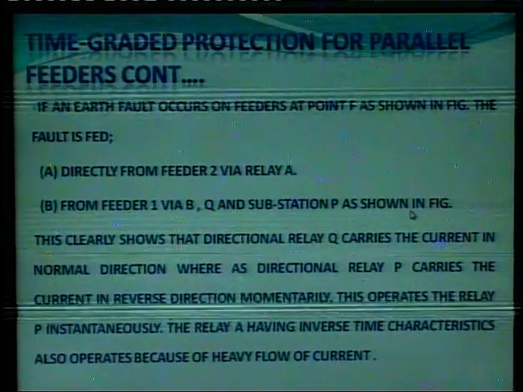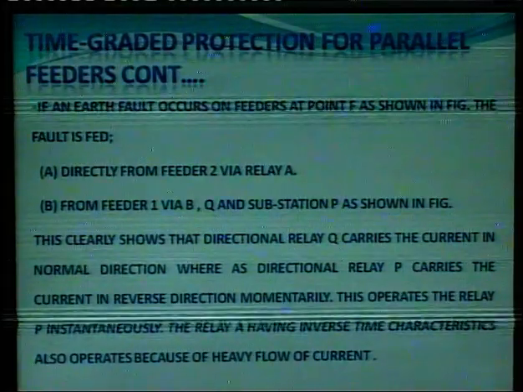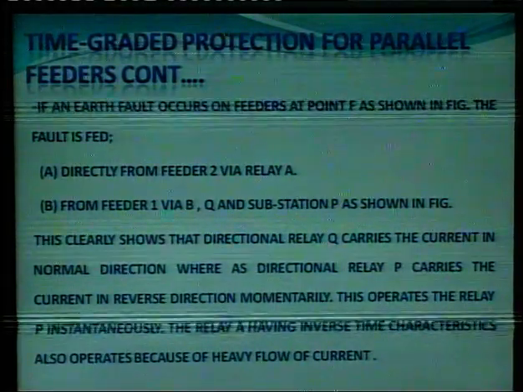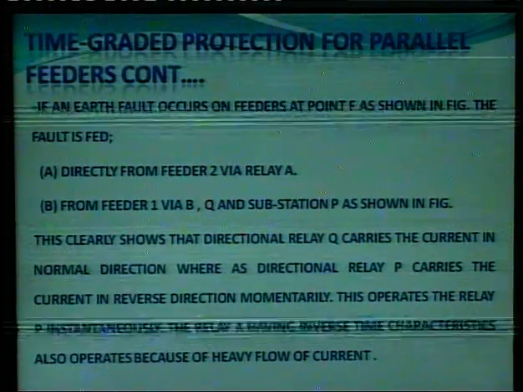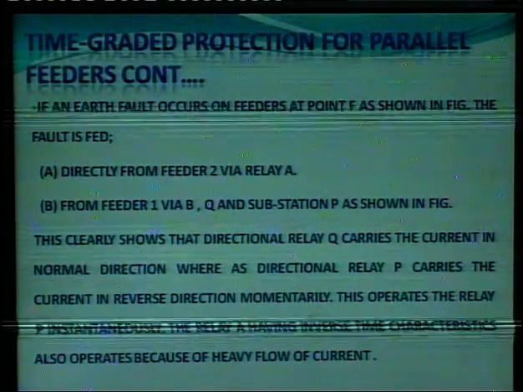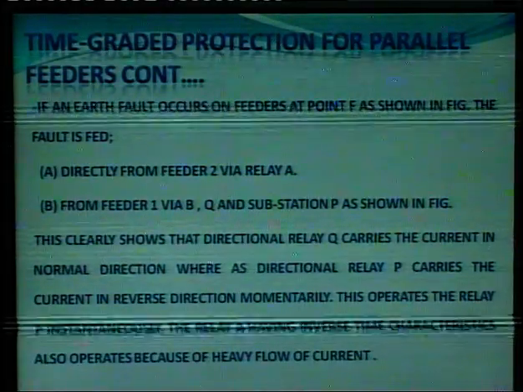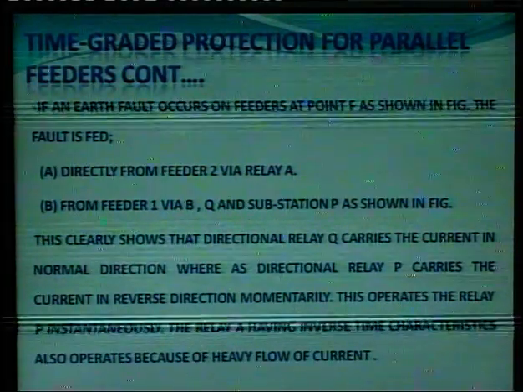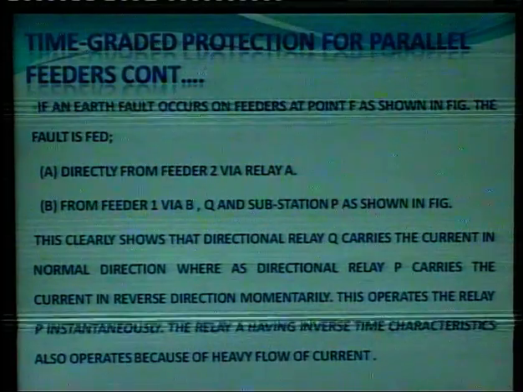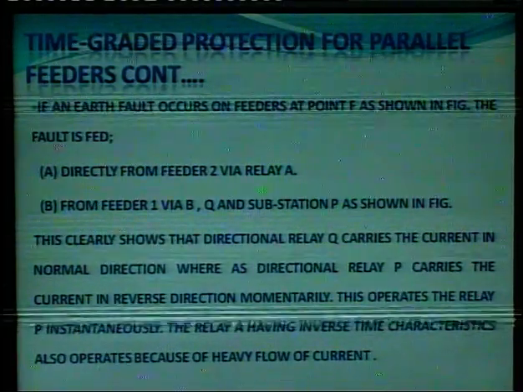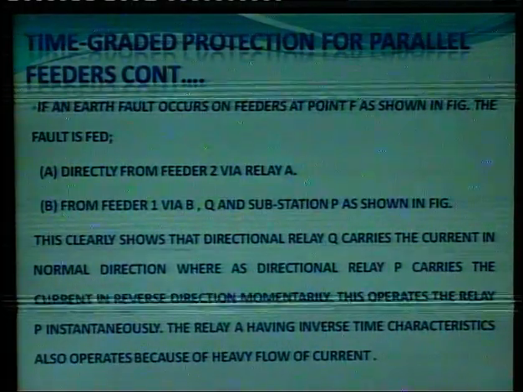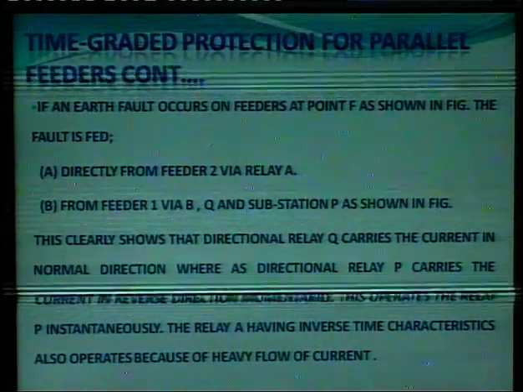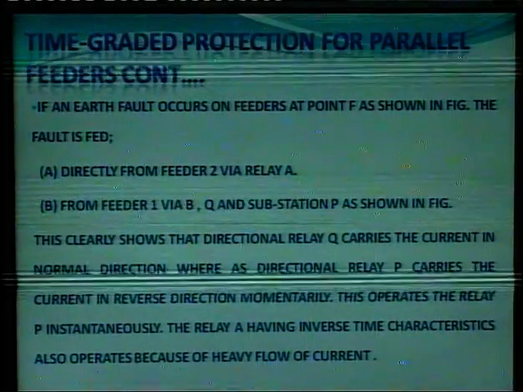So this clearly shows that the directional relay Q carries the current in the normal direction, whereas the directional relay P carries the current in reverse direction momentarily. So this operates the relay P instantaneously. The relay A, having the inverse time characteristics, also operates because of the heavy flow of current.